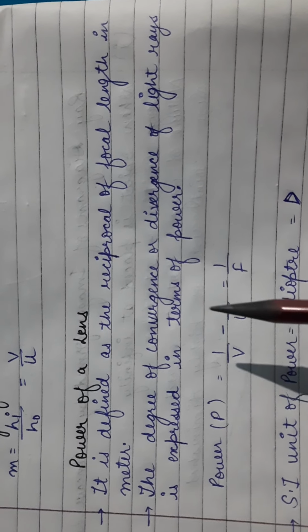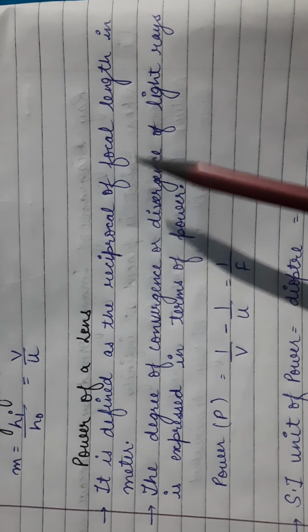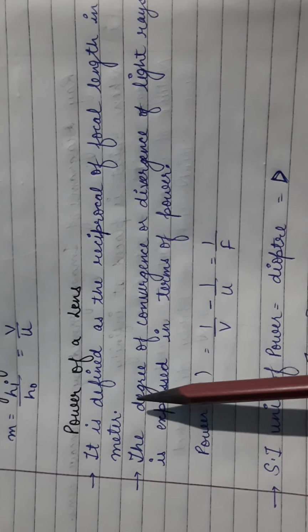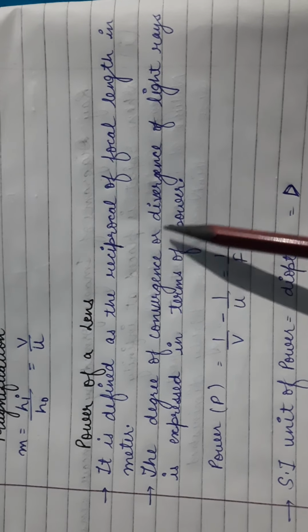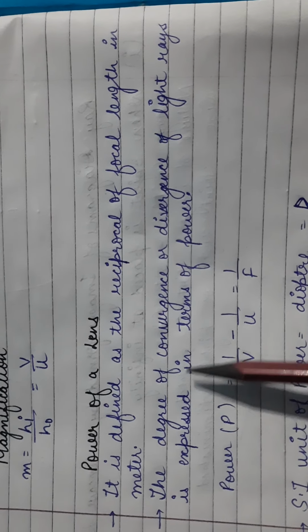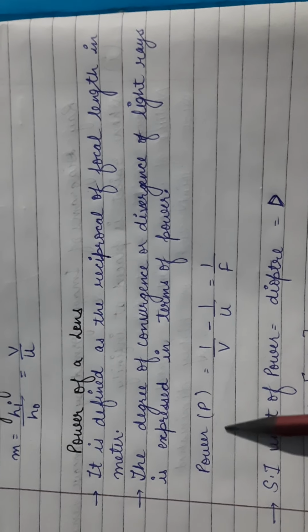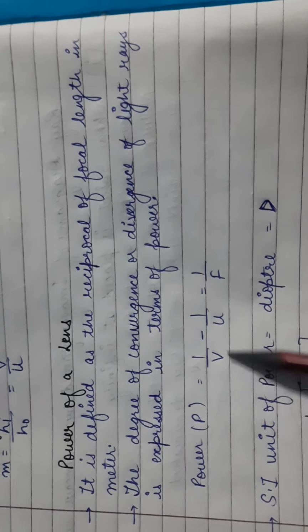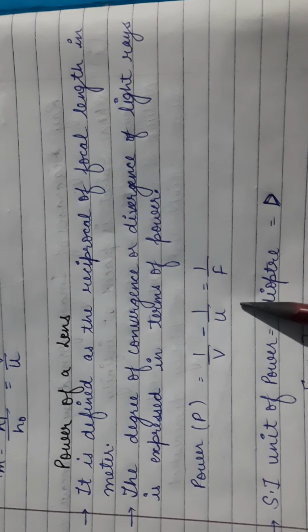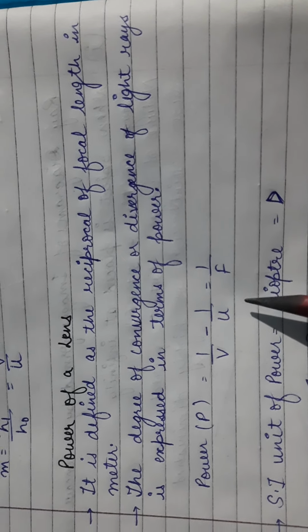If we reciprocate the focal length in meter, then the power of lens will be defined. The degree of convergence or divergence of light rays is expressed in terms of power. Here is the formula of power. Power P is equal to 1 upon v minus 1 upon u is equal to 1 upon f.